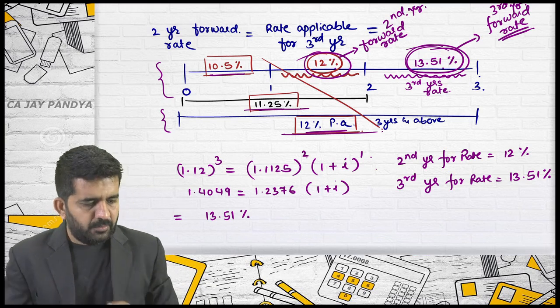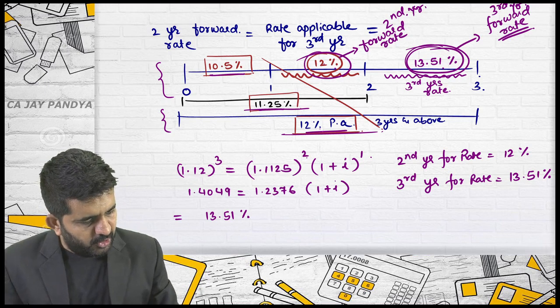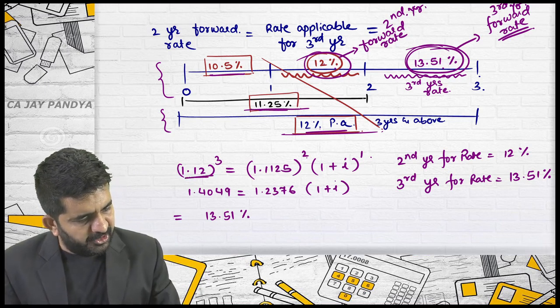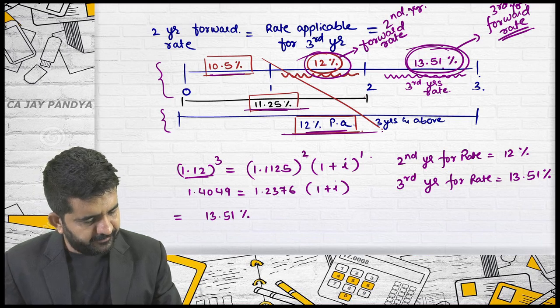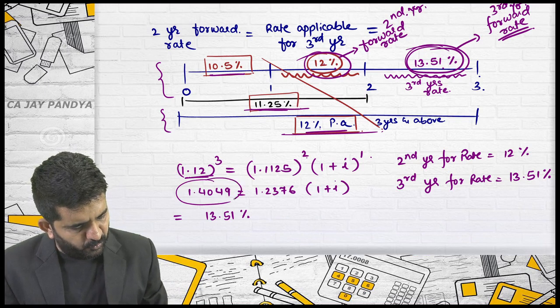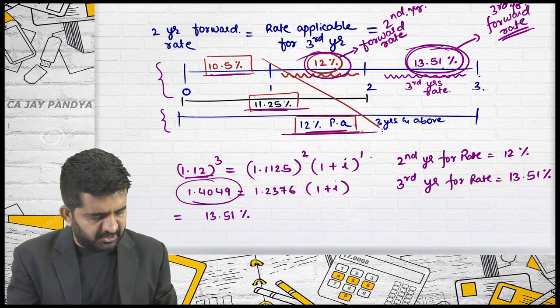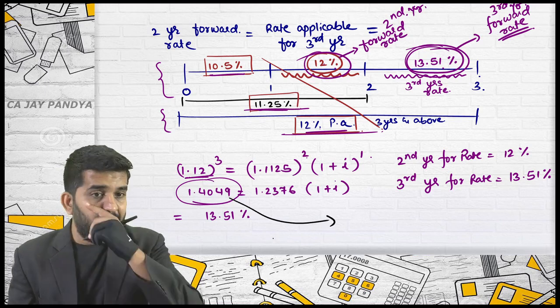Alright. Now, see here I have done this. 12%. This 2 I have reduced. What was this answer? 1.14049. Let me do something else also. Try to understand.